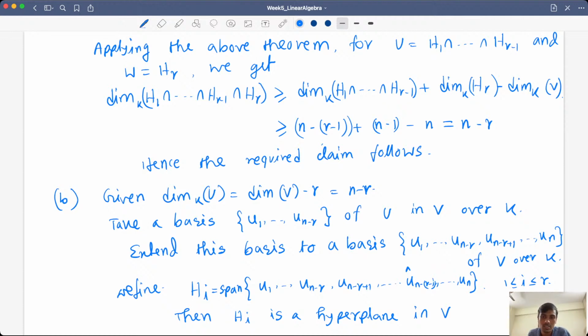So it is a subset of a linearly independent set, so that is again linearly independent, so the dimension will be exactly equal to n minus 1, and so it is a hyperplane in V. So now my claim is that this H1 intersection H2 intersection Hr is precisely U.